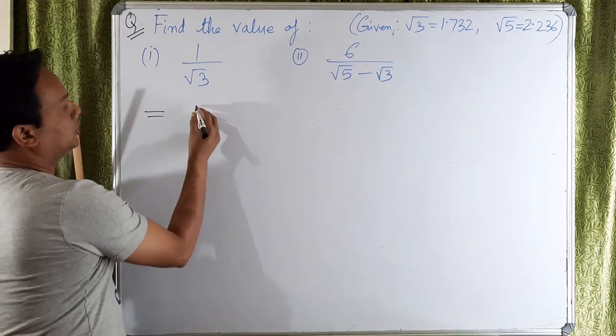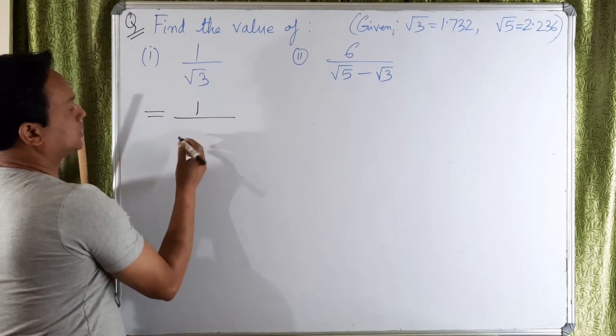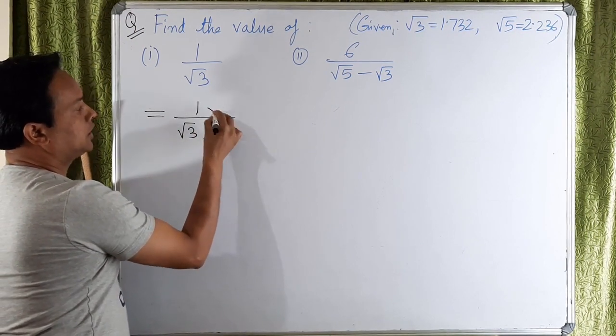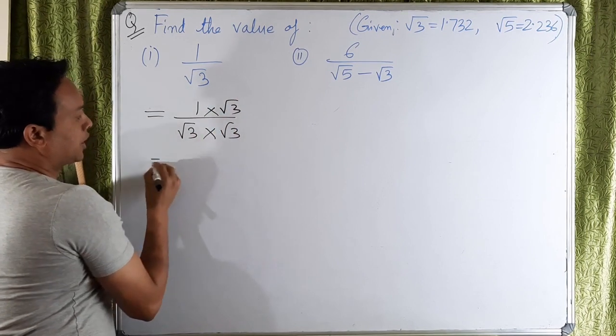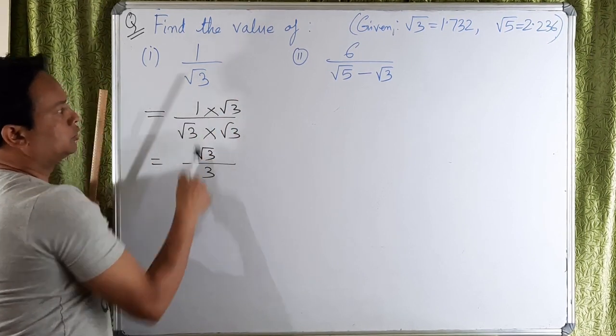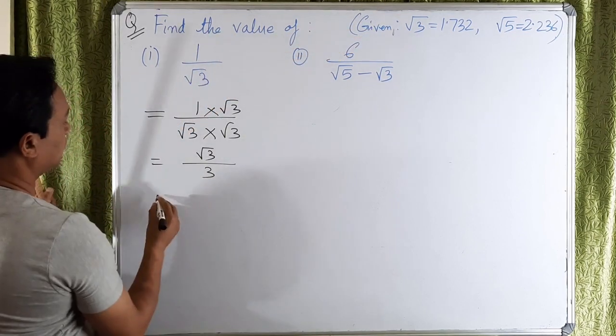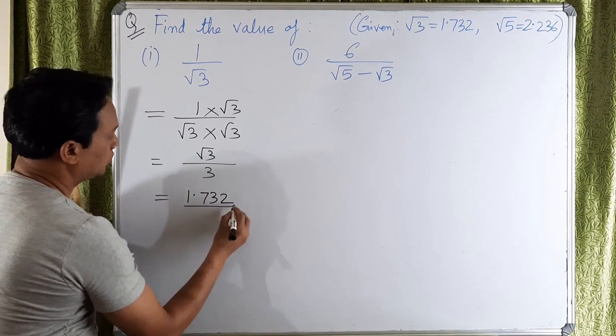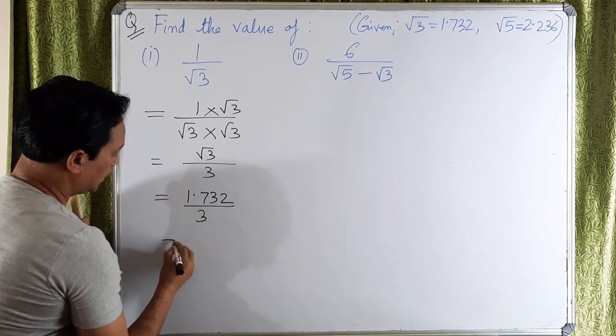Now we have one term in the denominator. So how to rationalize this? Since it's root 3, we'll multiply up and down with root 3. We know that root 3 into root 3 will become 3. Like this, we should rationalize. Now substitute the value. The value of root 3 is given to be 1.732, divided by 3.